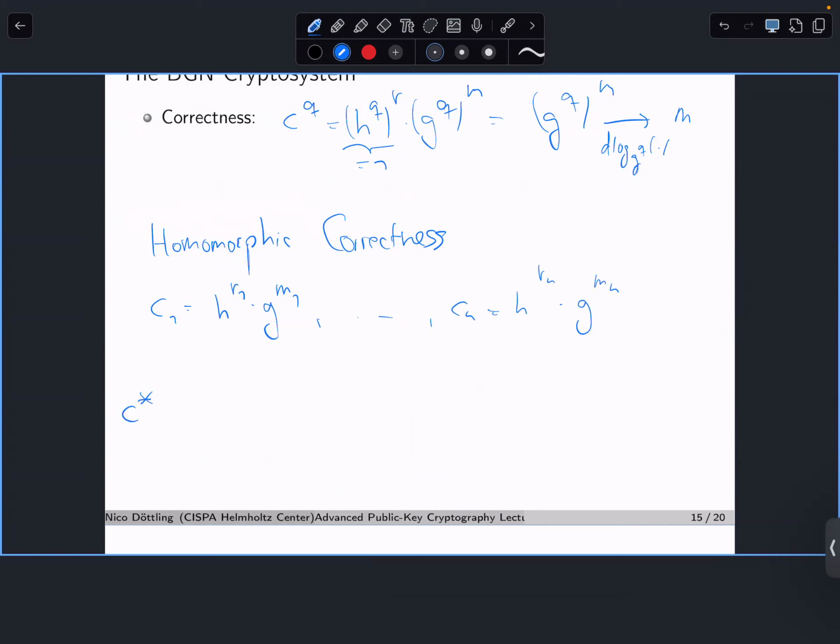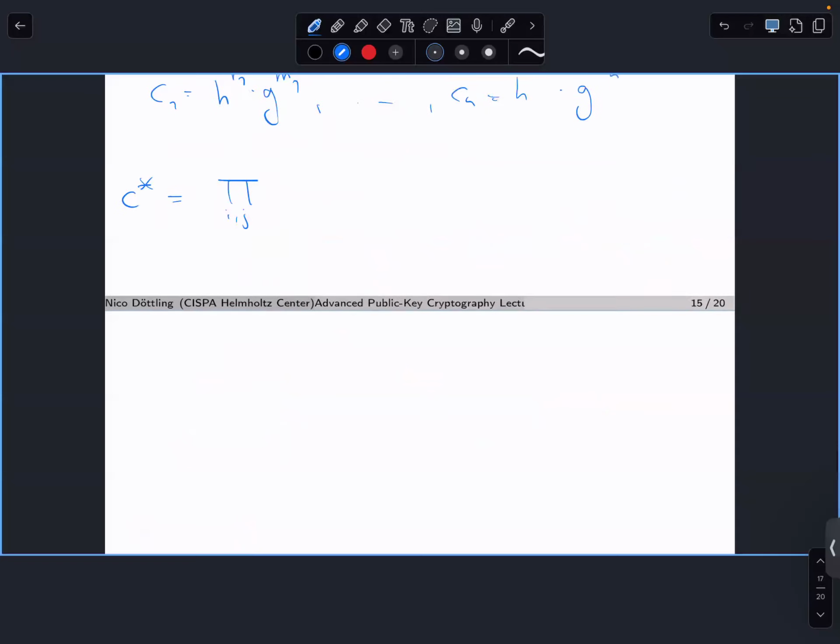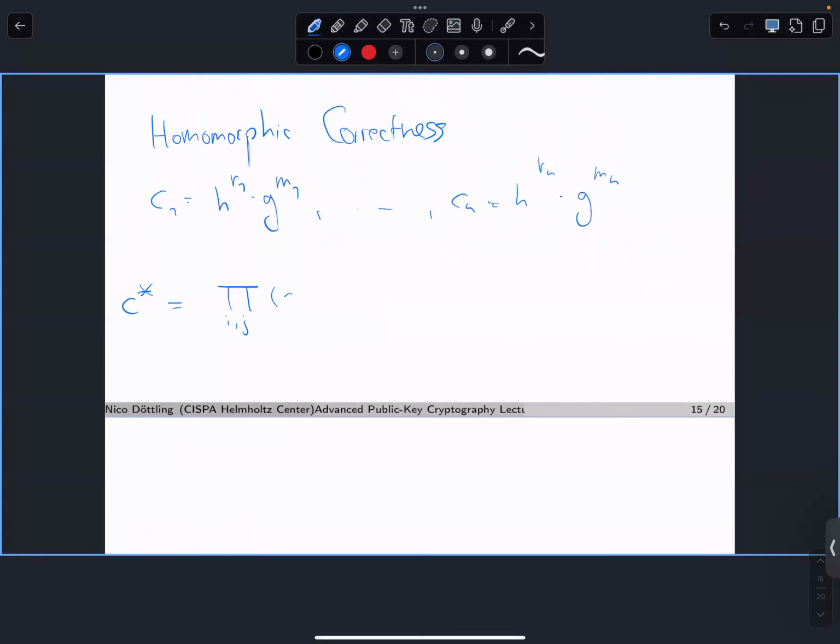Let's call it C star, which is the product over i, j of E(Ci, Cj) to the alpha ij times the product over all i of E(g, Ci) to the alpha i times E(g, g) to the gamma.